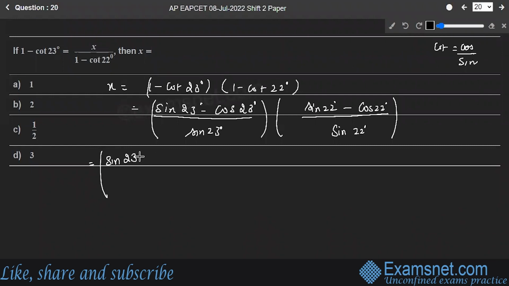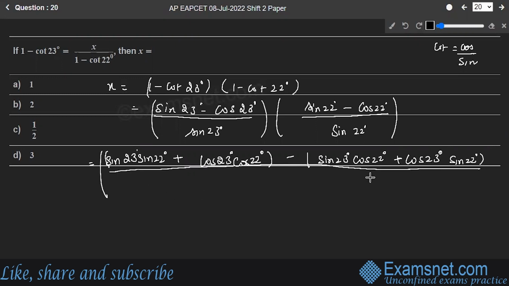Sine 23, sine 22. This is sine 23 sine 22 plus cos 23 cos 22. This whole will be in the plus one, and in the minus section you will be having sine 23 degree cos 22 plus cos 23 sine 22, whole divided by sine 22 sine 23.